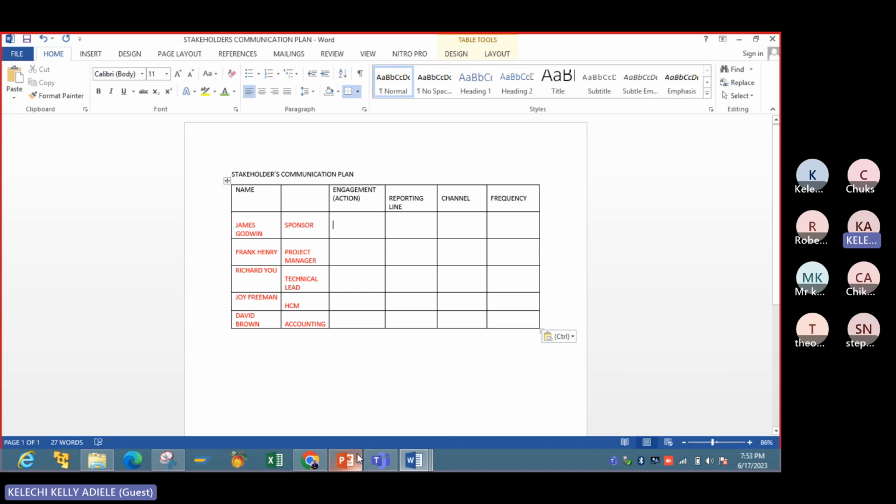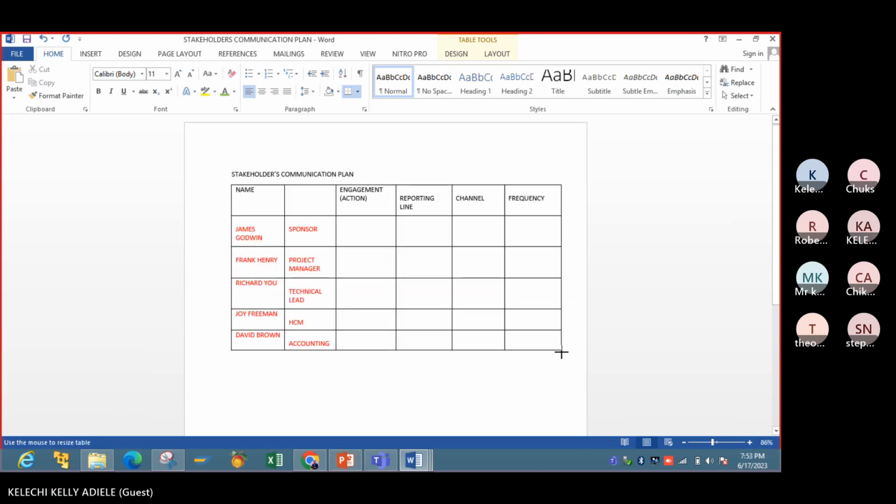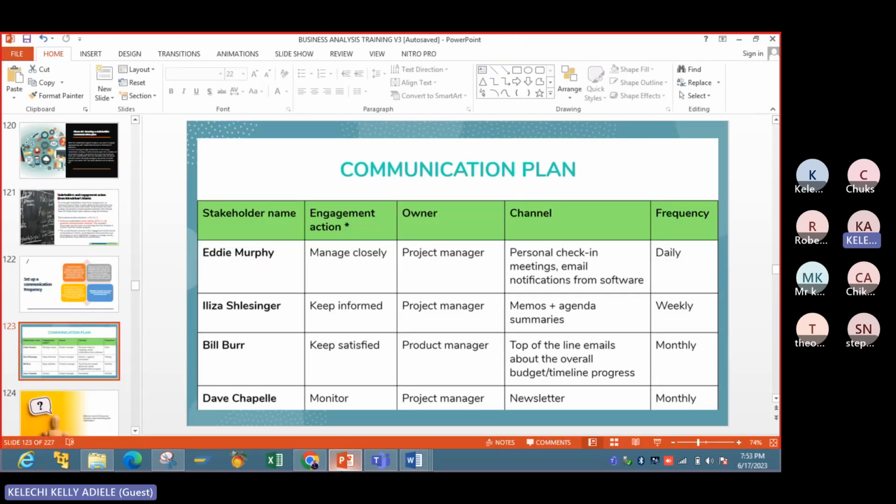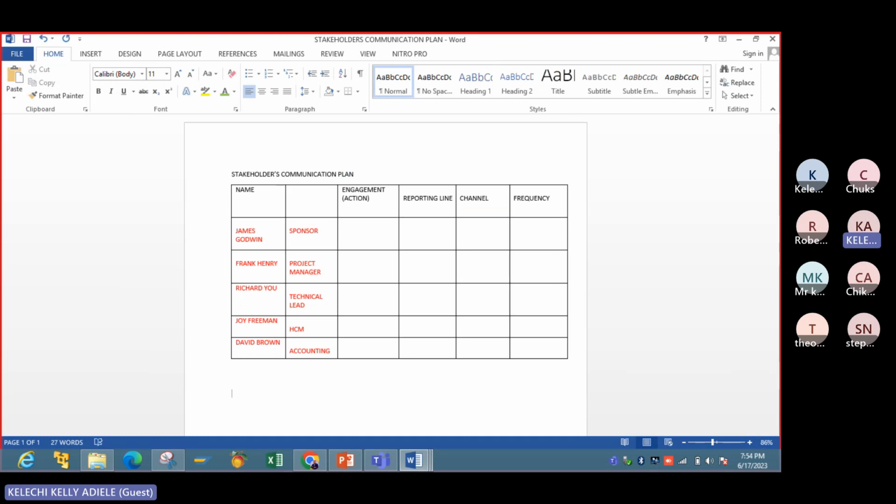How are we going to be engaging this stakeholder? How are we going to be engaging the project sponsor? So let me just write the steps here so that you can tell me what you feel.